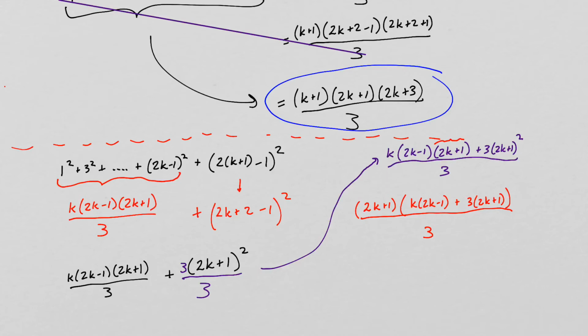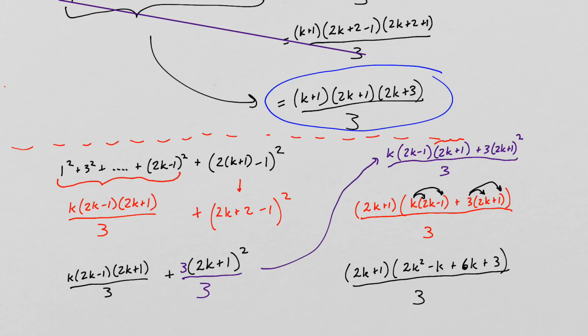So we have 2k plus 1 multiplied by 2k squared minus k plus 6k plus 3, all divided by 3. That's a 6 right there. And it's not even foiling, it's actually just distributing that guy to there, and this one to there, and there.